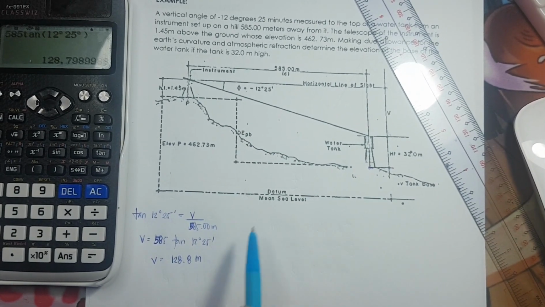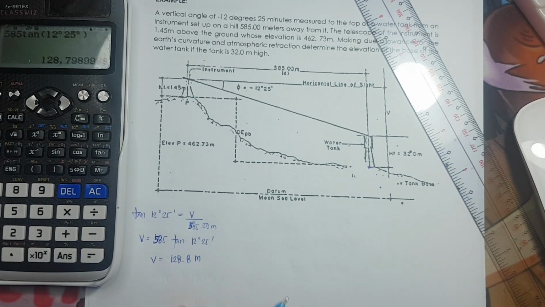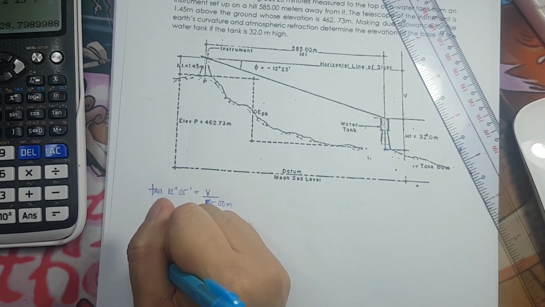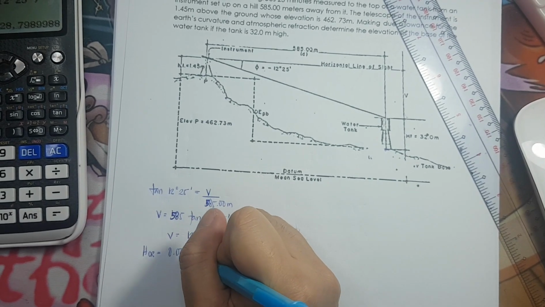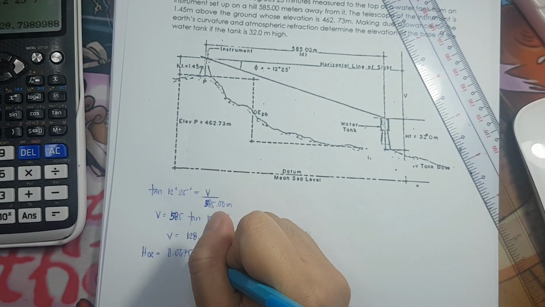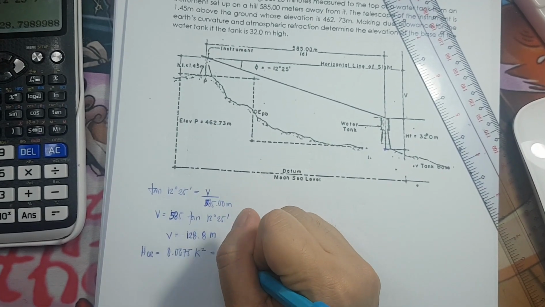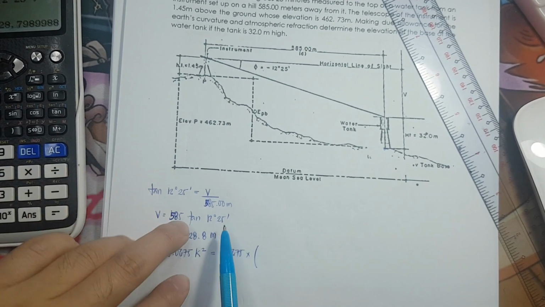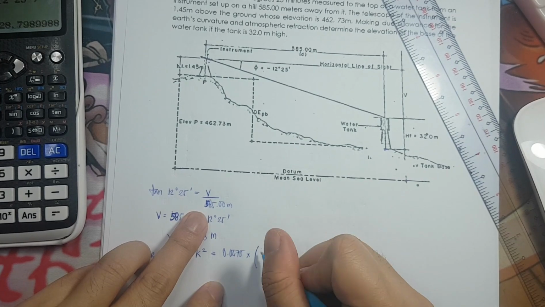Okay, but that's not it. We need to consider the effect of curvature and refraction. So HCR is equivalent to 0.0675 K squared. Okay, so that is 0.0675 times the distance. We have here a distance in meters, so we need to convert that in kilometer.